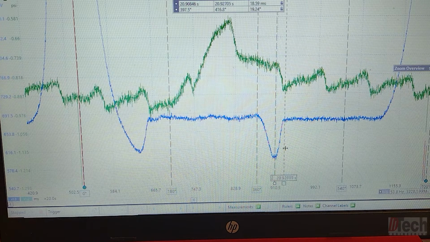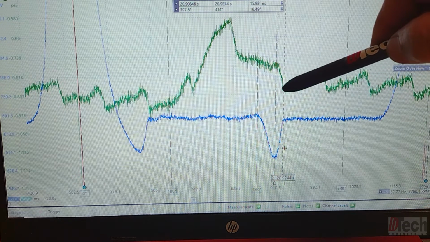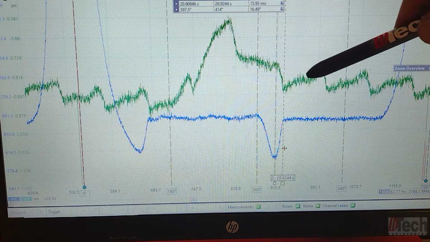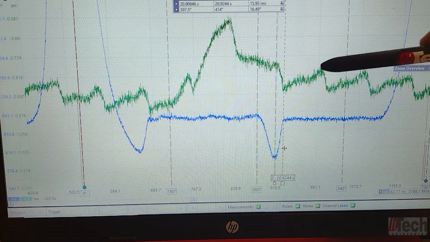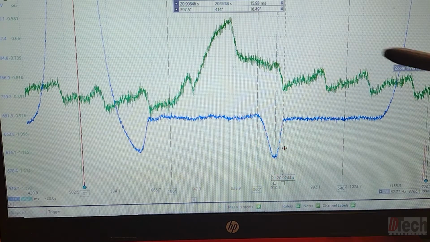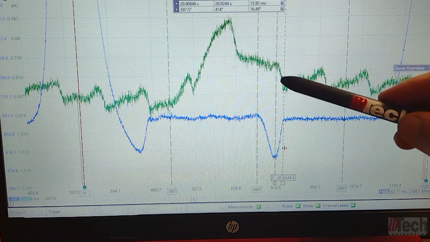And the point where it stabilizes in the blue is the point where it's reached its point here on the intake trace, and it starts to go back up from being kind of stagnant until the next event, the next pull.